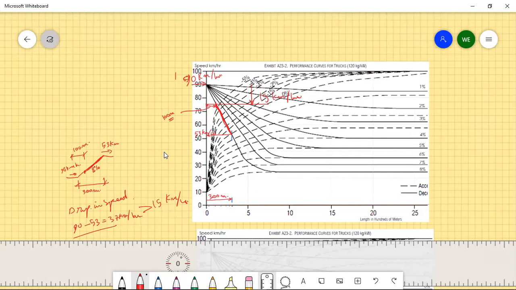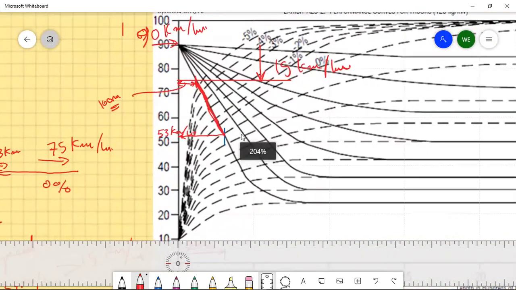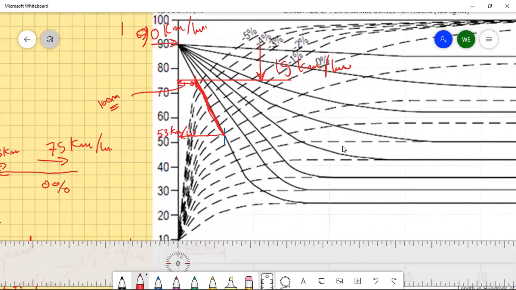Now, where does it end? Assuming this was a flat segment, 0%, it ends when the speed of the truck reaches at least 75 kilometers per hour. So let's go back and see when the truck exits at this point, it enters the zero slope.